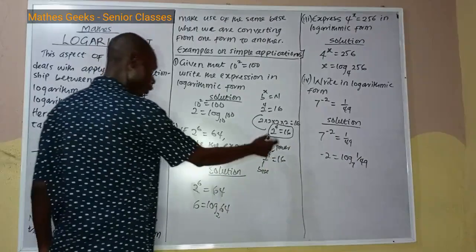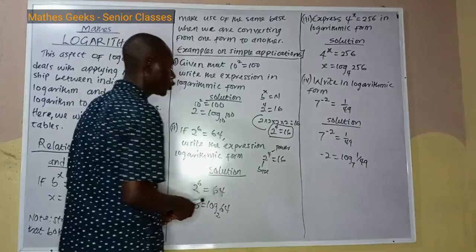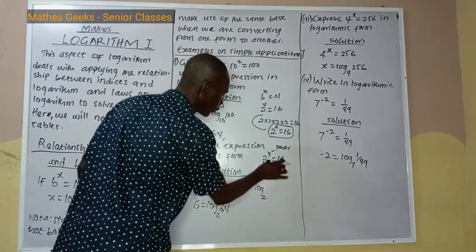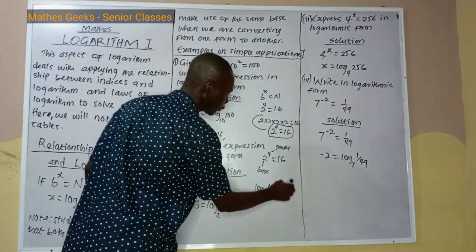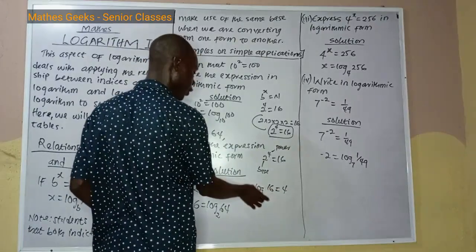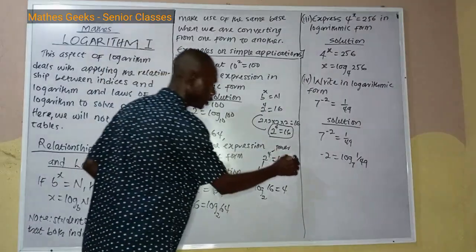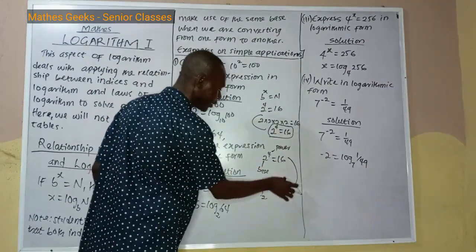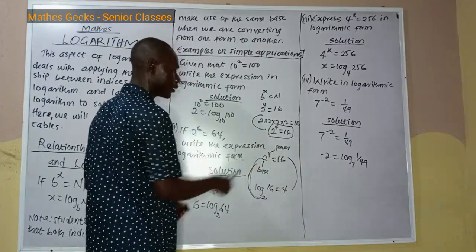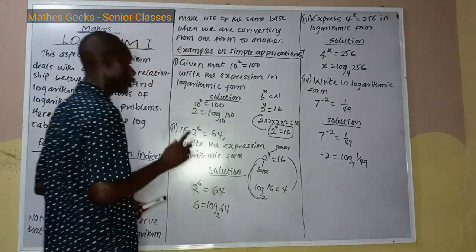Now, if you represent this relationship in logarithm form, it is going to be log 16 to the base 2 is equal to 4. So that tells you that the logarithm of 16 to the base 2 is equal to 4. This is the relationship between the index notation and logarithm. Both of them share the same base. Here in the indices, the base is 2. Here in logarithm, the base is also 2. So take note of that.